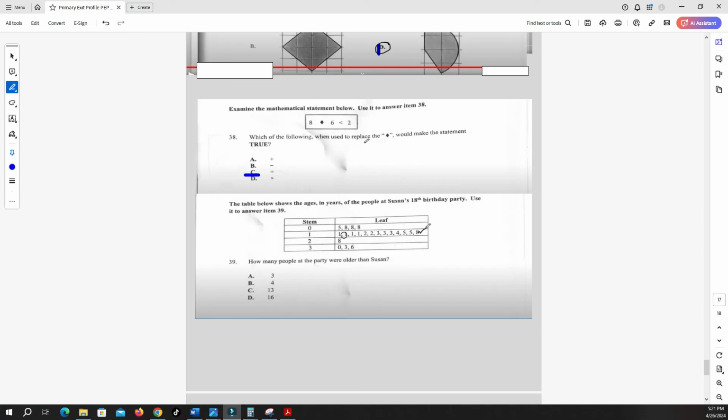Here would be 1, so it's 10. So all of these would be 10s, or this would be 8, I should say, and then going up to 9, 10. This would be 10, this would be 10, 10. This would be 12, 15, and 18. So I think Susan should be here, and after Susan we go into the 20s.